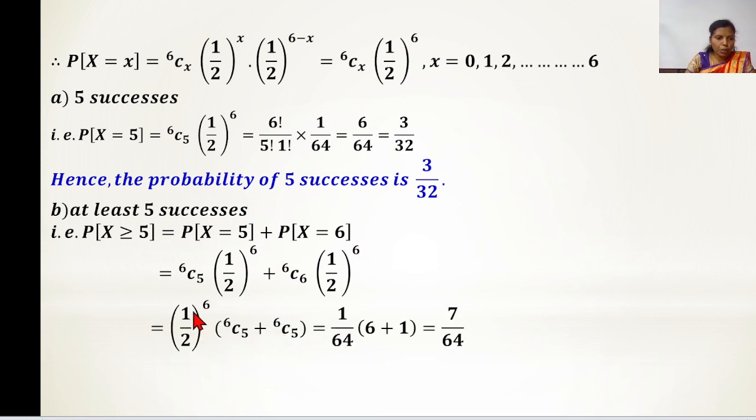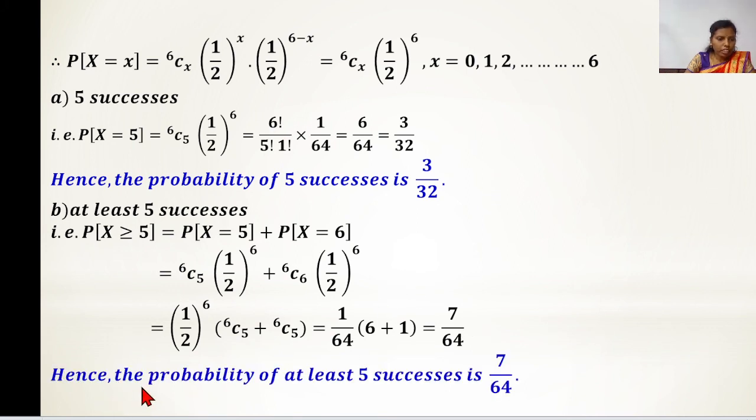Taking (1 by 2) raised to 6 common, the remaining terms are in the bracket, 6C5 plus 6C6, which is 1 by 64 into (6 plus 1), equal to 7 upon 64. Hence, the probability of at least 5 successes is 7 upon 64.